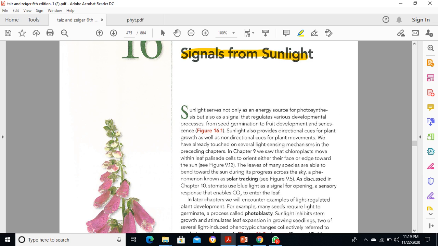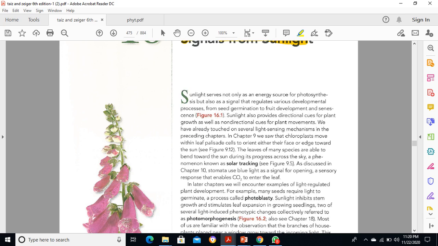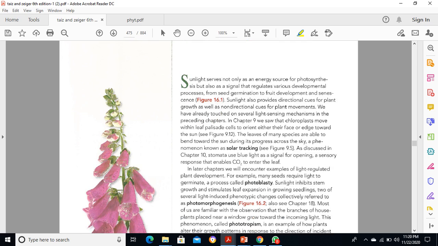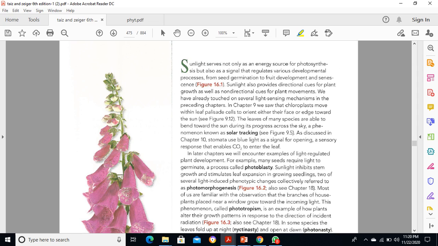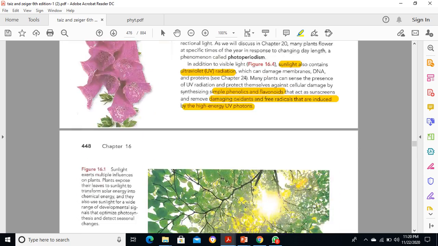But other than this energy source, sunlight also acts as a signal for various developmental processes in plants, from seed development to senescence, various light mediated responses. In all these things, sunlight acts as a signal. To capture this signal, that is to capture the sunlight, the plant needs something, isn't it?